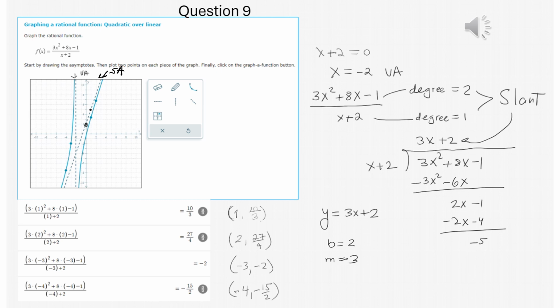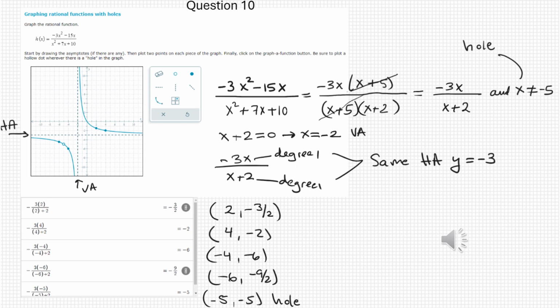Finally, plot two arbitrary values of x in the left piece. The left piece is negative 3, comma negative 2, and negative 4, comma negative 15 over 2. You plot that using the tool that I recommended before, the quadrant, in which you specify the components of the point. So when you have the 4 points and 2 asymptotes, you click on the graph function button, and you obtain the answer.